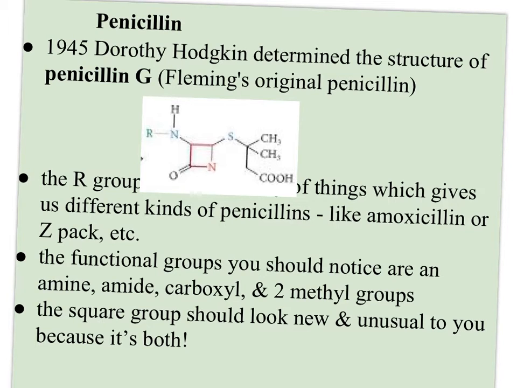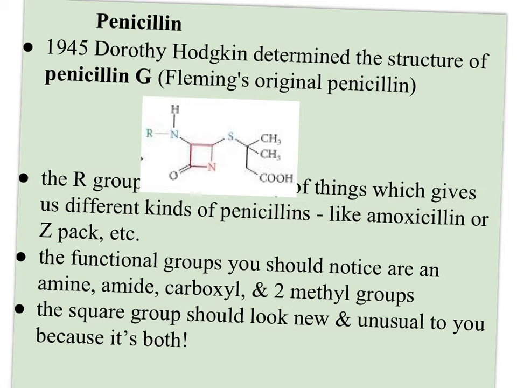And then you've got an amide group here. And then you've also got two methyl groups and a carboxyl group. And you may or may not notice there's a sulfur in there. The nice thing is that if you have different R groups, it gives us different kinds of penicillins like amoxicillin or Z-Pak, etc.